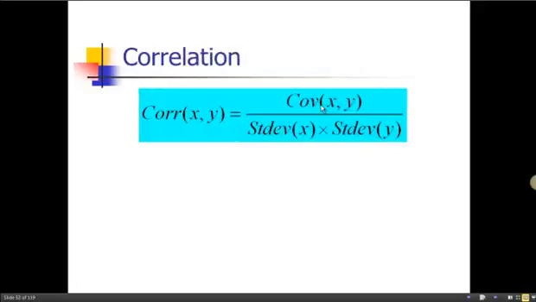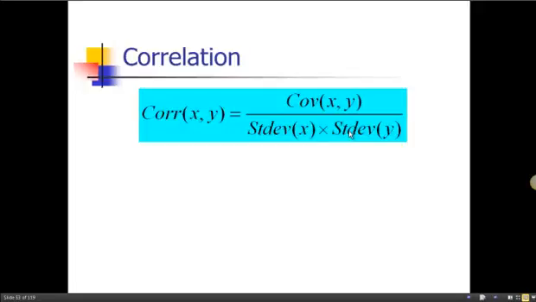And as a way to resolve both of those issues, we've come up with the correlation coefficient. And all that does is take the covariance and divide it by the product of the standard deviations of the 2 variables, x and y. And if you think what that does to the scale, you're looking at the product of these 2 deviations and dividing it by the average deviation for x and the average deviation for y.